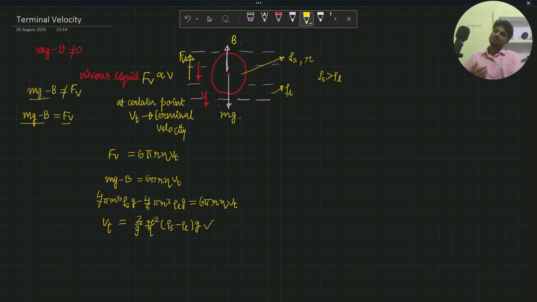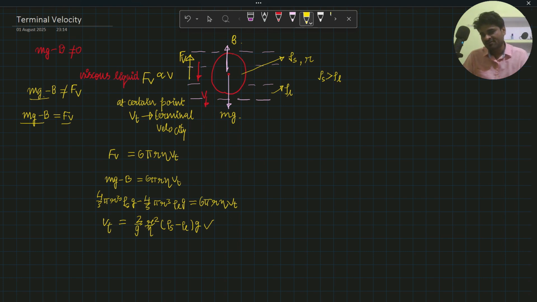As soon as this ball gets some velocity, a viscous force starts to act in the direction opposite to the velocity, and this viscous force opposes further increase of velocity.